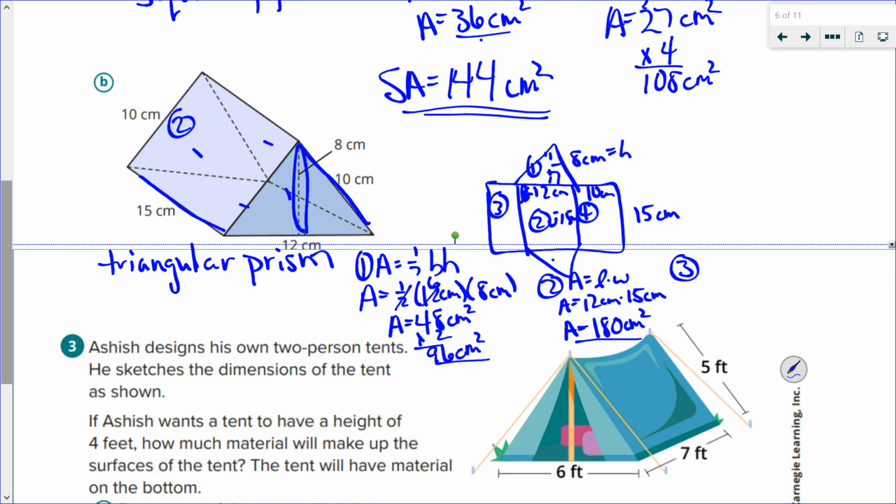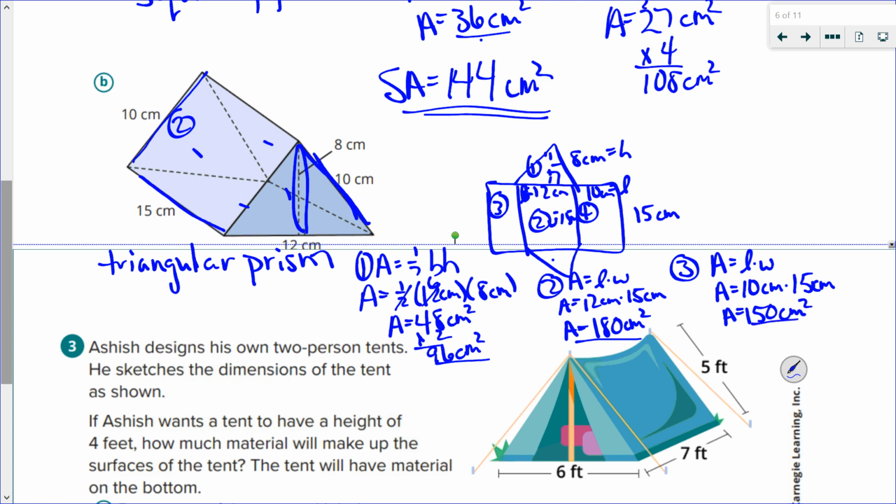Shape 3 is another rectangle, but one big piece on this. This side and this side were both the same, so those are both 10s. So length times width gives me a length here of 10 times the 15 centimeters, or 150 centimeters squared.